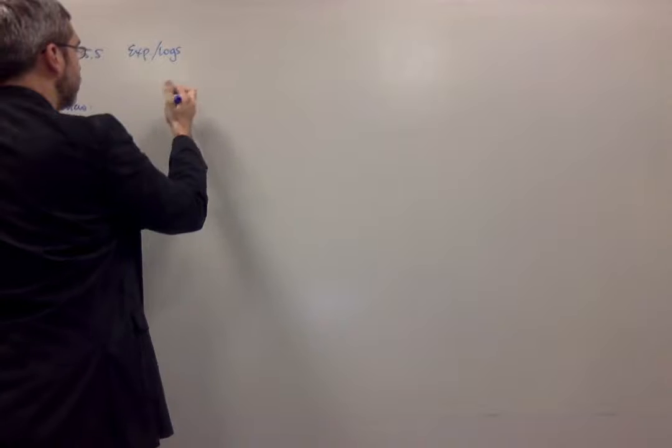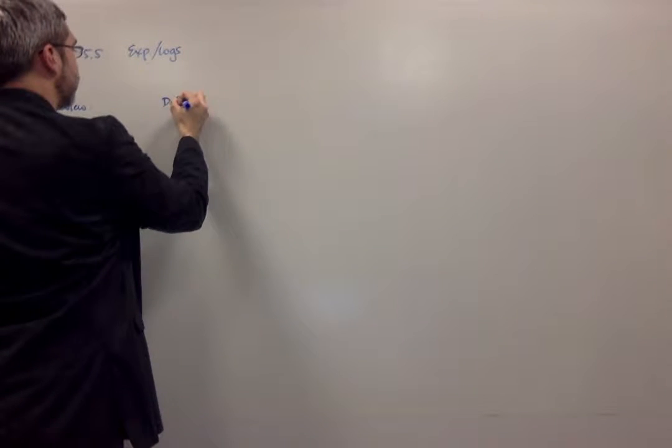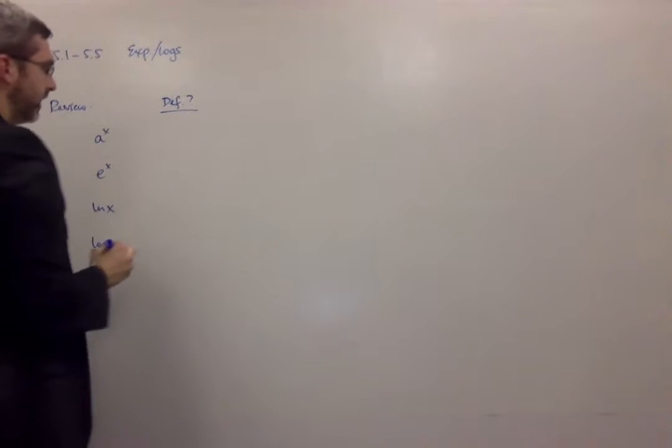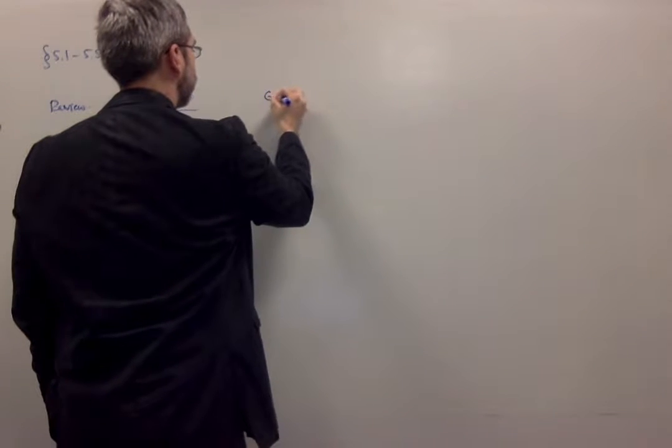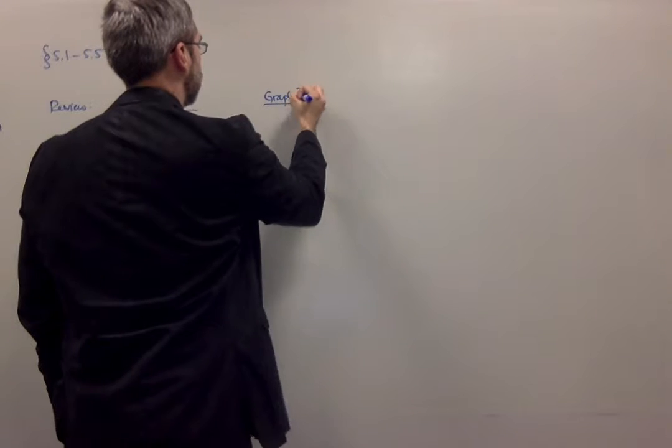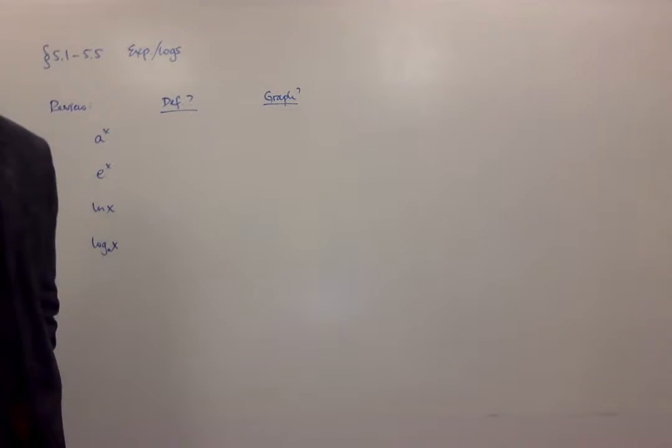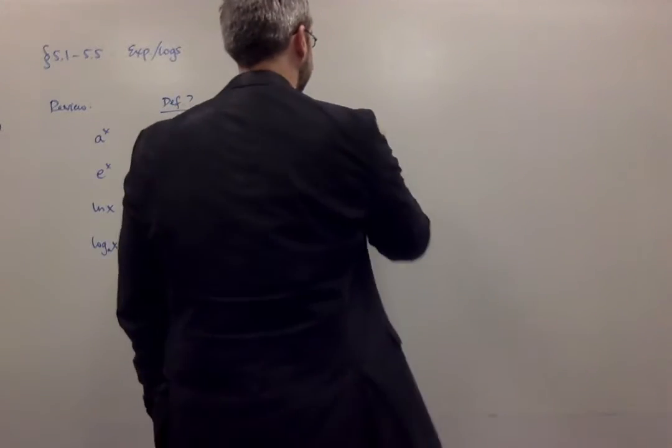So the thing I want to review here is, first of all, what was our definition of these? What did the graph of these look like? Okay. Then what's the domain?